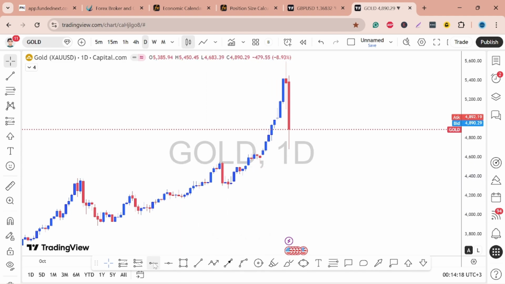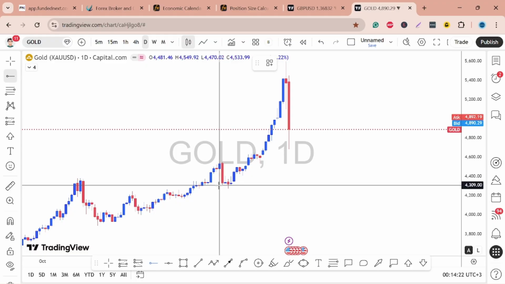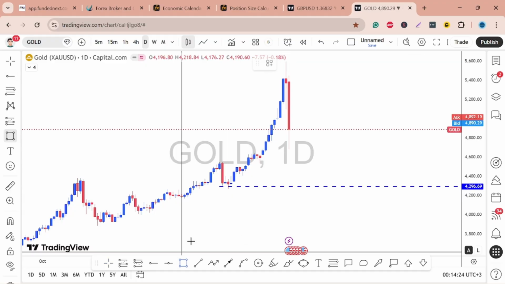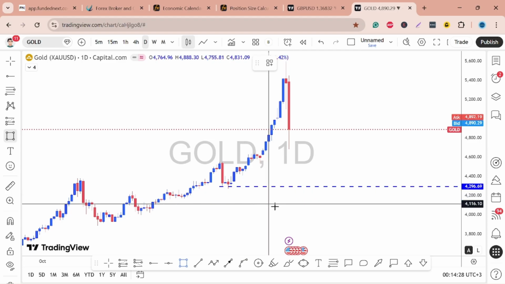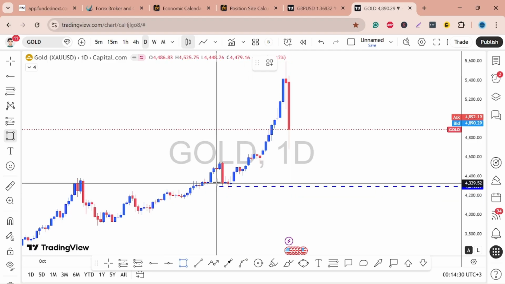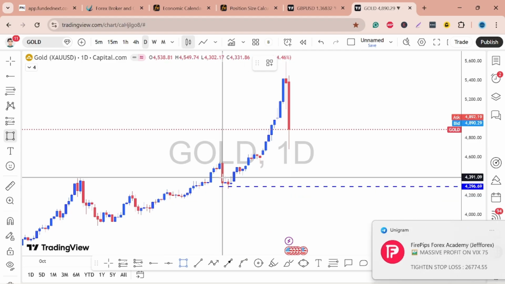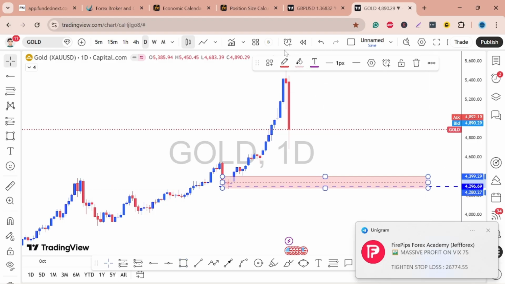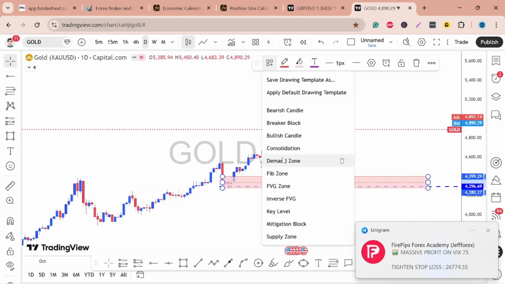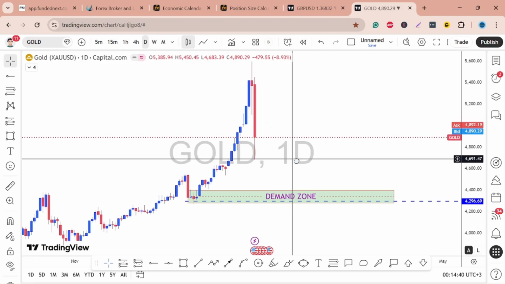Now what would be the last point that gold would drop to, if the drop would continue? If we see gold dropping, maybe the area of interest we'll be interested in for getting into buy positions on gold would be this one.